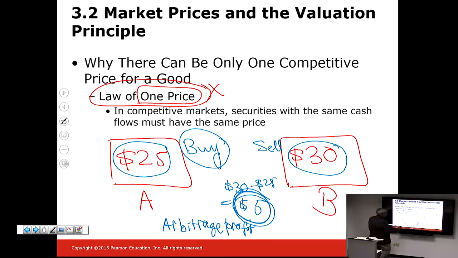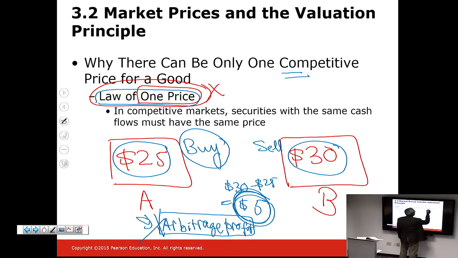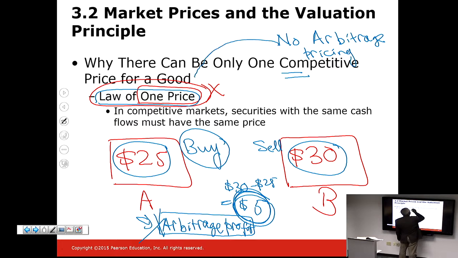So that's arbitrage. And in a market that is governed by this law of one price, arbitrage opportunities cannot exist. In other words, in a competitive market, we have no arbitrage pricing. That means prices reflect the law of one price.